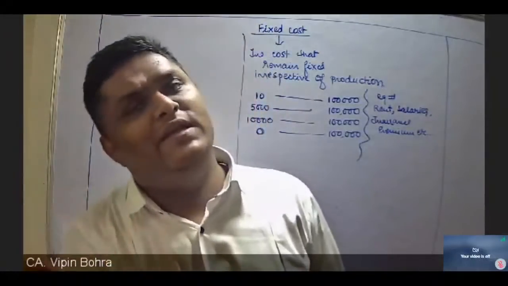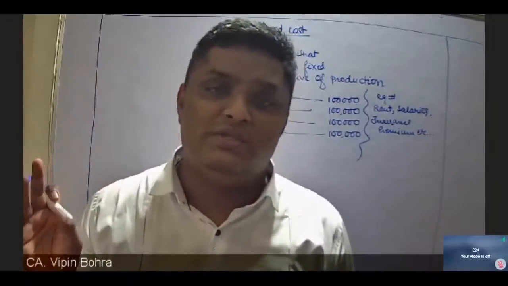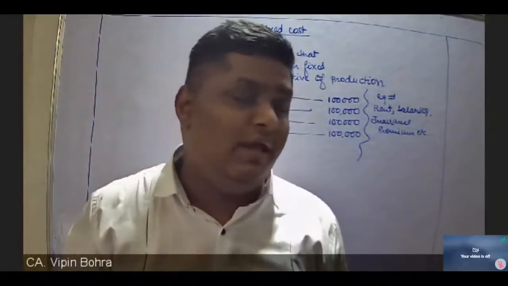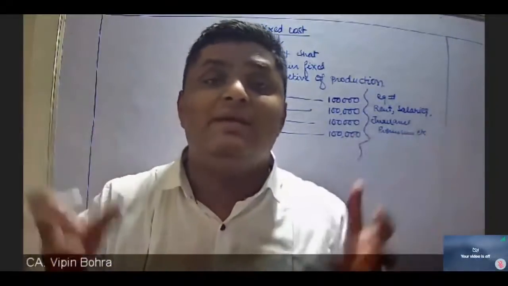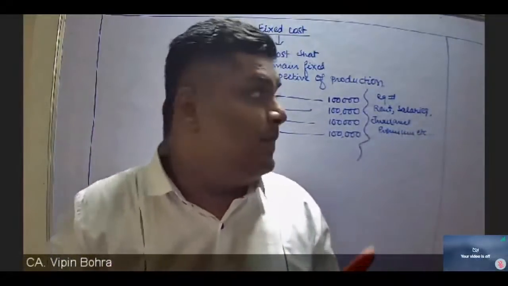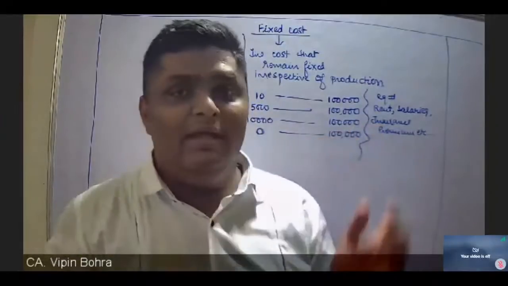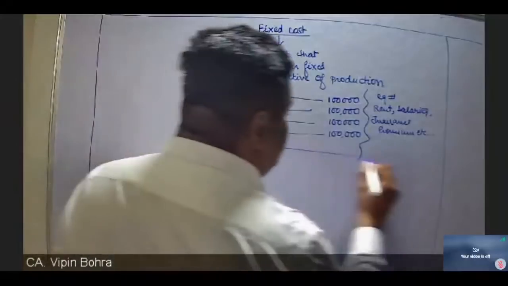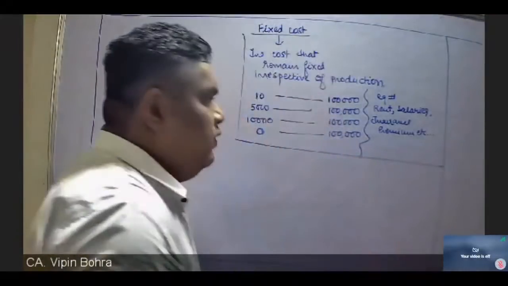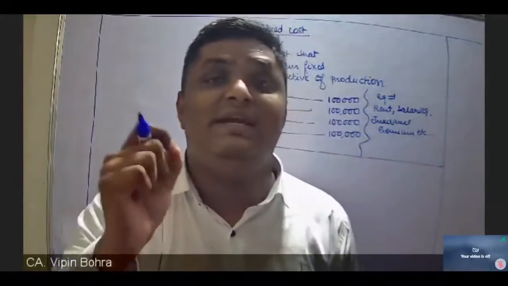Because anyways they are going to incur the fixed cost. As far as variable cost is concerned, it is incurred only when there is some or other sort of production. But fixed cost is anyway these companies are going to incur. So many companies have to shut down their operation. The only reason is the fixed cost.